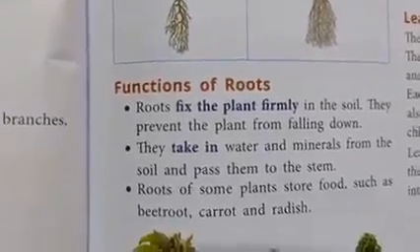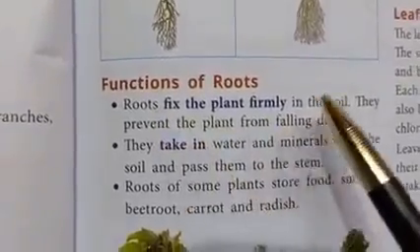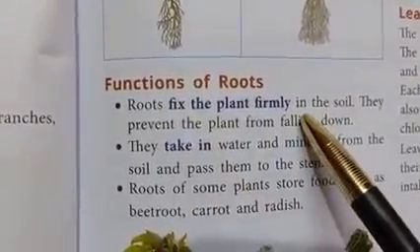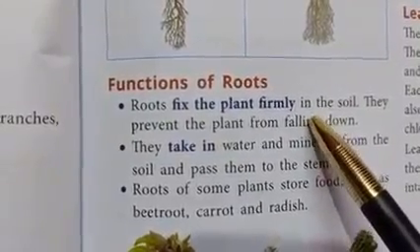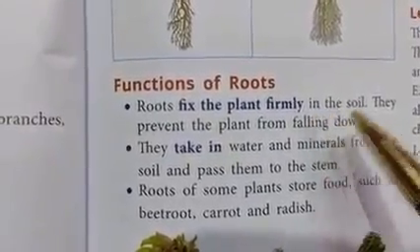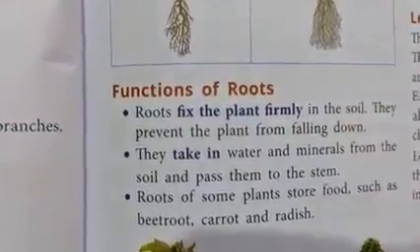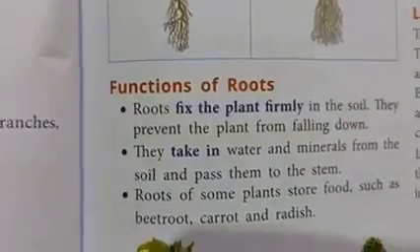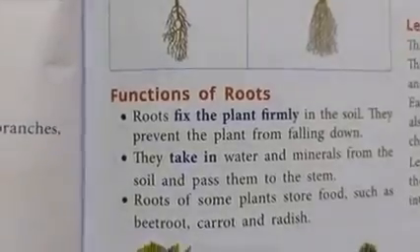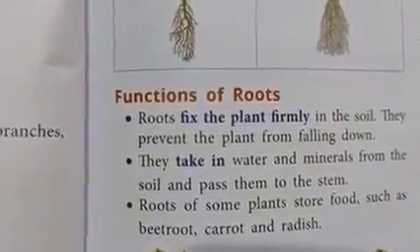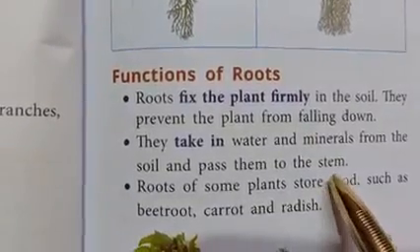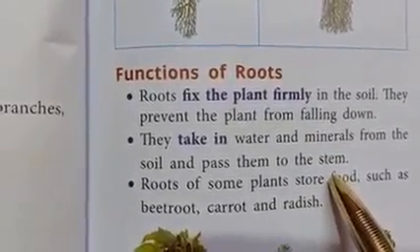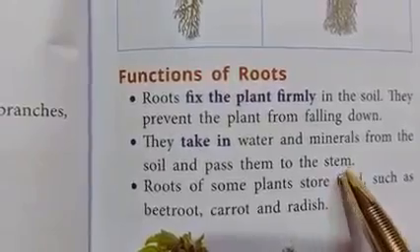Functions of root. Roots fix the plant firmly in the soil. Roots prevent the plant from falling down. They take in water and minerals from the soil and transport them to all parts of the plant.